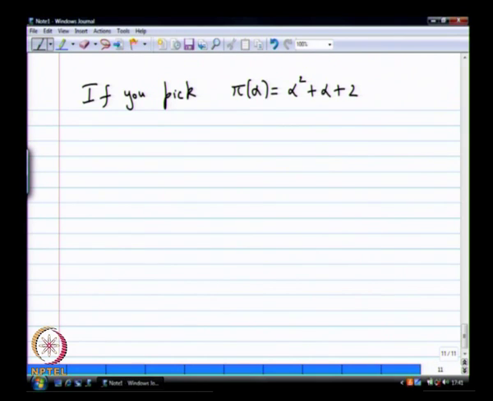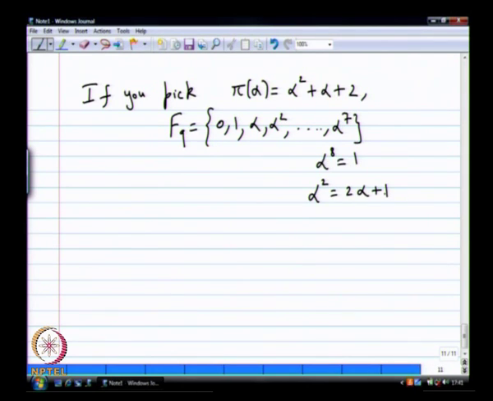So if you were to pick that, it will turn out alpha itself will end up generating the entire F9. F9 will be equal to 0, 1, alpha, alpha squared, and so on till alpha power 7. Alpha power 8 will be 1, and alpha squared will be 2 alpha plus 1. I'll write down the general fact soon enough, but these are things to keep in mind.